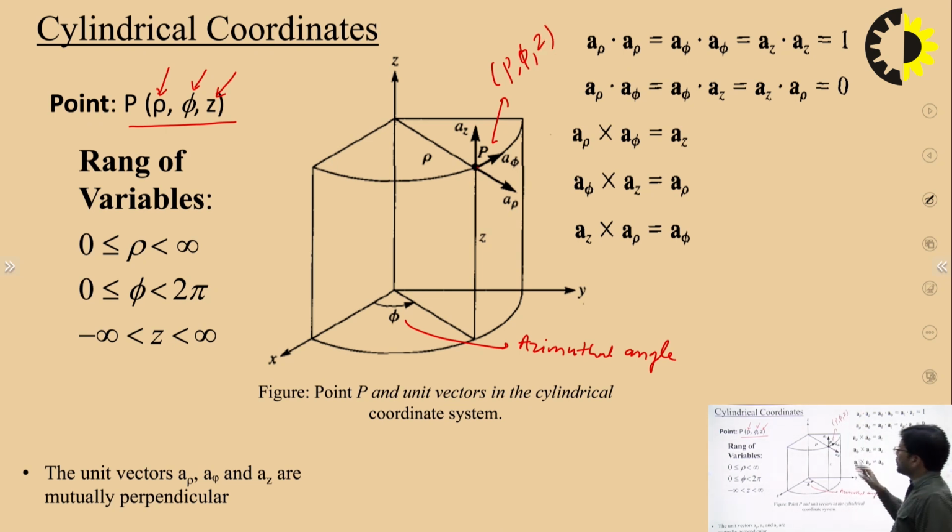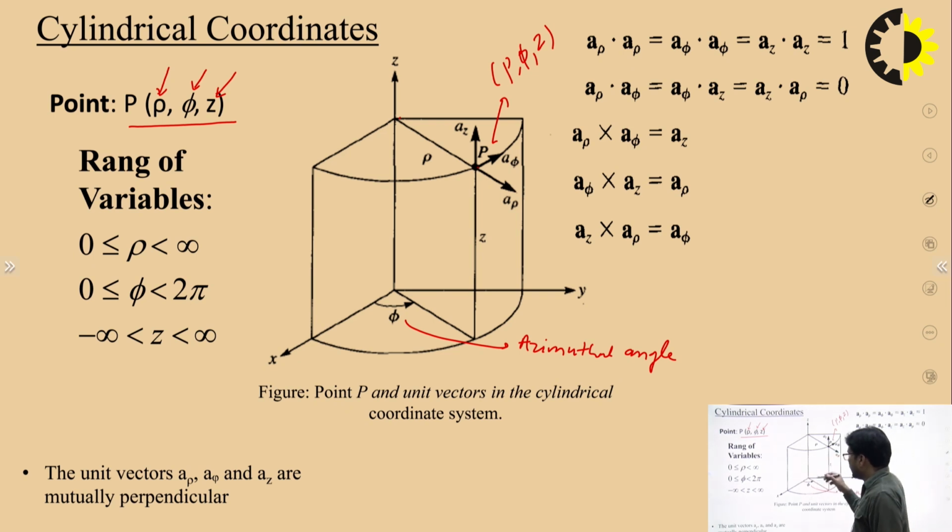So here you can see the variation of rho, or the range of the variable, it starts from 0 to infinity. This is the 0 point, and the radius can go up to infinity as well. So rho lies between 0 and infinity, and phi, you can see here, can make a whole rotation, right?